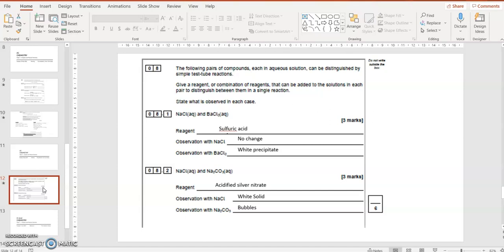So I'd get bubbles in that case. The acidified silver nitrate would react with the silver carbonate that might be made, and would make bubbles of carbon dioxide.